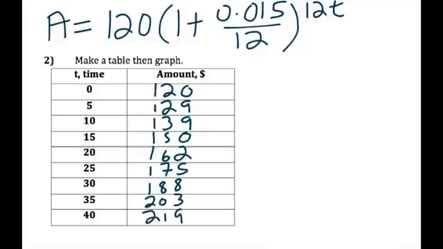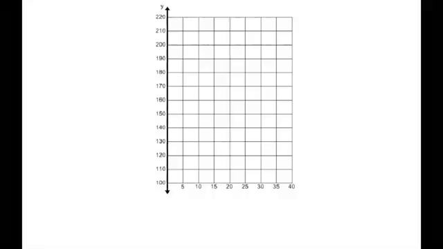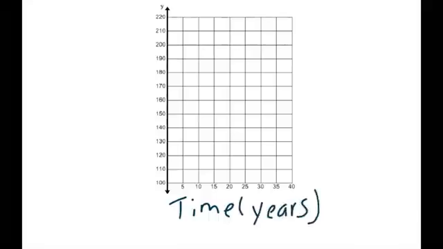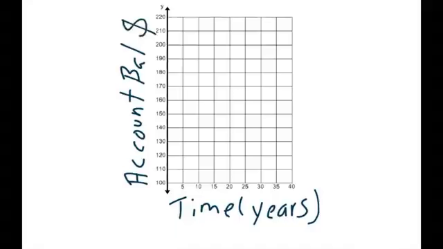Okay, now we want to graph it. So we know that the x-axis is going to be time, in years, and the y-axis is going to be account balance, in dollars. So to graph it, we start off with 120.